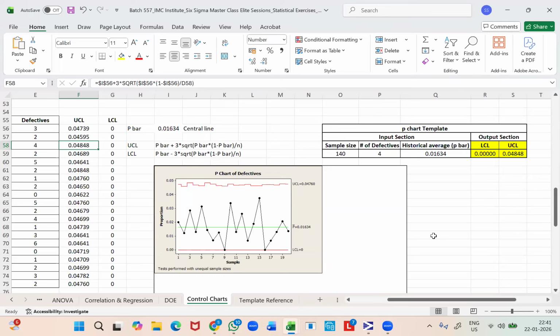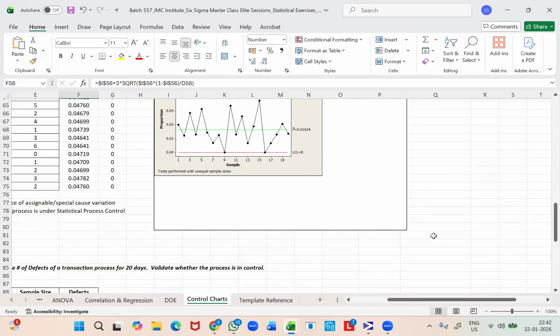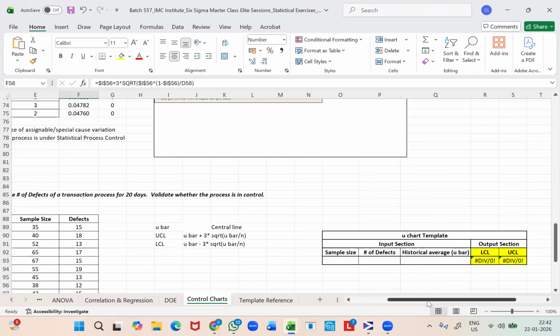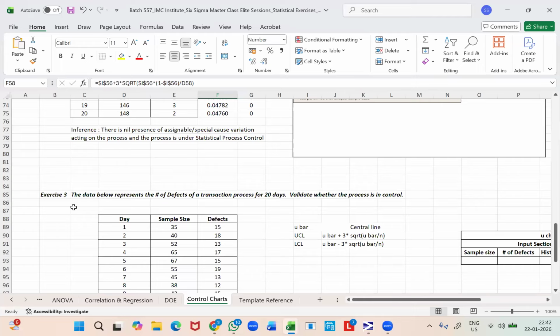So you will get questions pertaining to the control limits calculations for the standard deviation chart scenario. And I've already given the template and I also showed you the calculations for a P-chart scenario and the U-chart scenario, which we are going to see now. So the 3rd exercise, that is the final exercise of this training session.